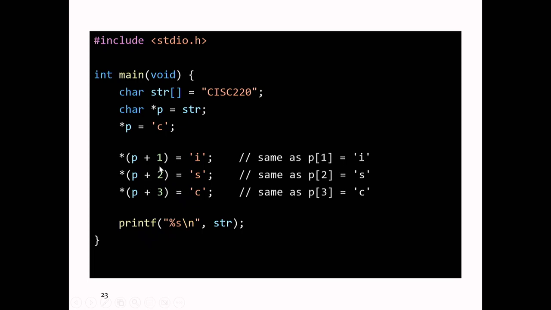P plus 2 points at the s; dereference that to get the character that's actually pointed at and set that to lowercase s. And so on and so forth. So you can effectively treat an array as though it was just a pointer, and this will also have a big impact later on in the course.